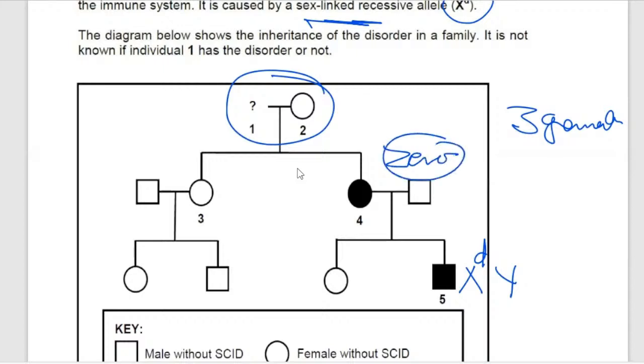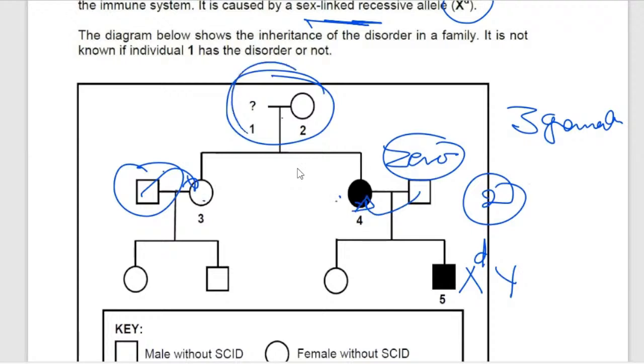How many kids are of 1 and 2? 2. Remember that this is not a kid of this one. This one just came and married this daughter, and this one came and married that daughter. Therefore, there are 2 kids coming from these 2. Is it clear? You see that this thing is not linking down.